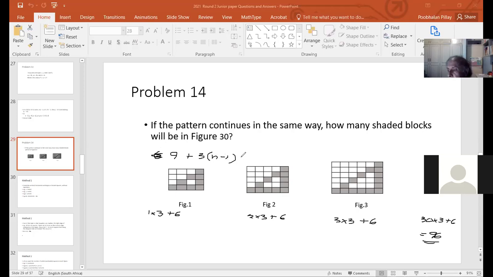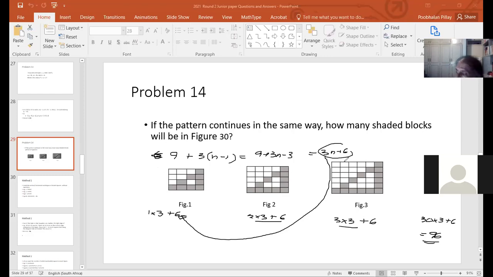When you simplify this, you get 9 plus 3n minus 3. Simplify that further, you get 3n plus 6. Now that's what he's doing. He's going straight to 3n plus 6, you see. n is 1, n is 2, n is 3. So if you simplified the general term, you will come to 3n plus 6. And he's using that formula, 3n plus 6, to calculate the 30th term. Thank you for that. That's a nice answer.